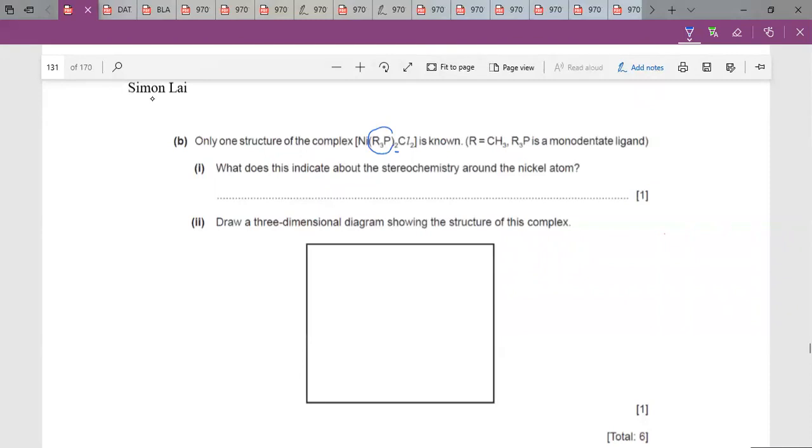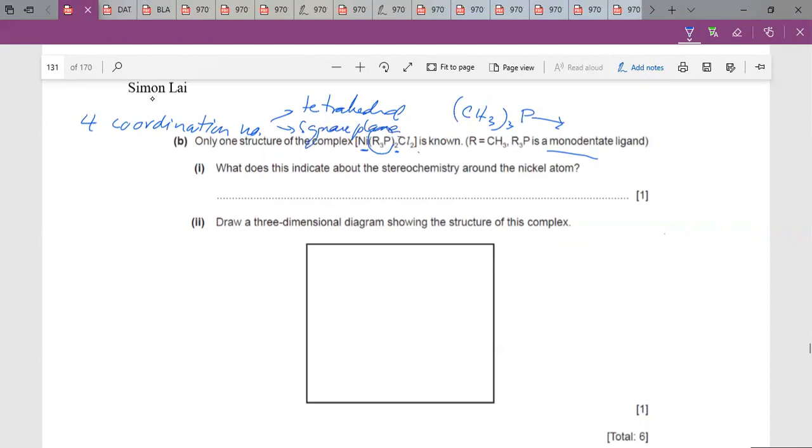P is a monodentate, that means it can form one dative bond with the central nickel atom. So 2 plus 2 is 4. That means four coordination number, so it must be either tetrahedral or square planar.